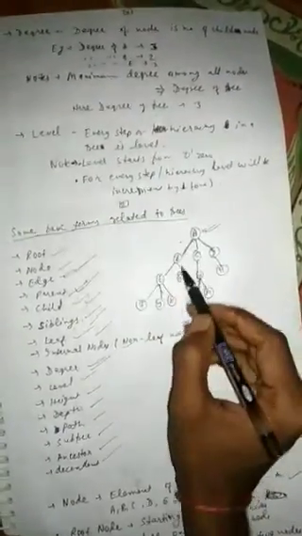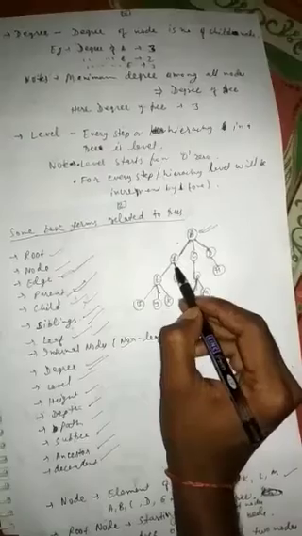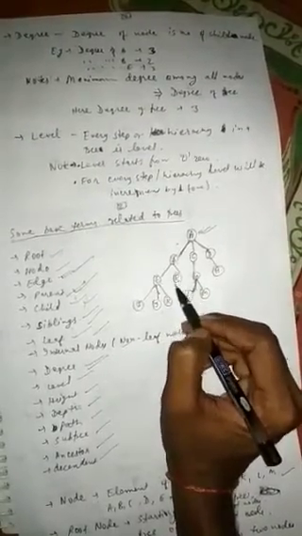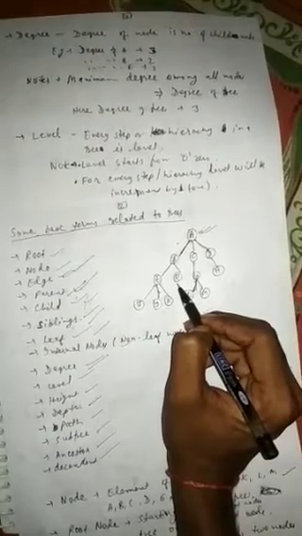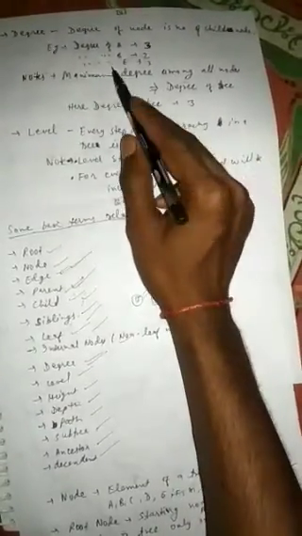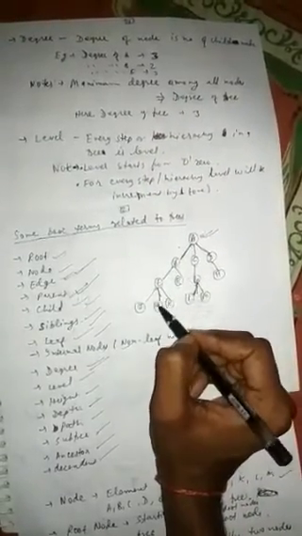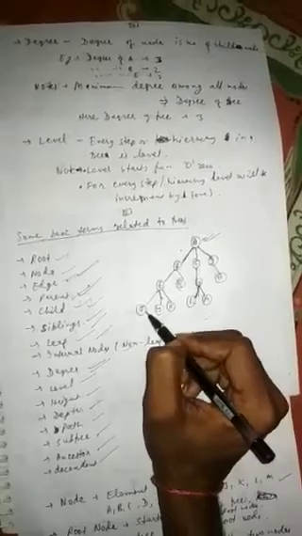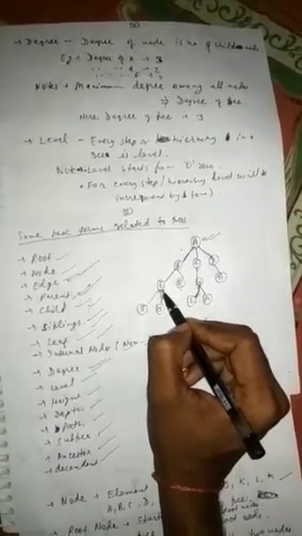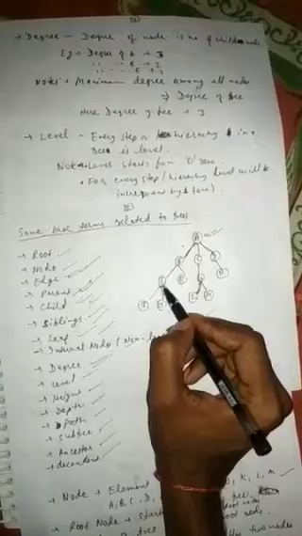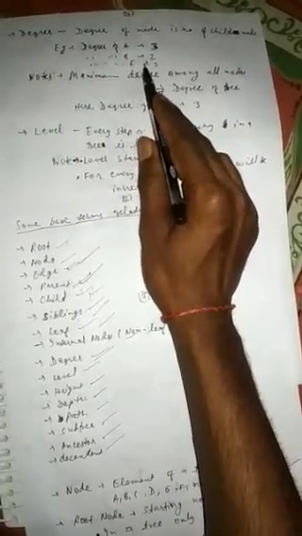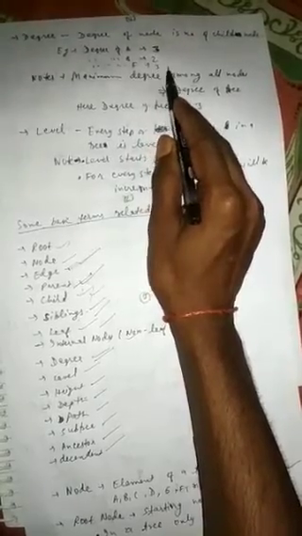For B, E and F are the children, so B has 2 children and the degree of B is 2. E has I, J, K as children, so the degree of E is 3.